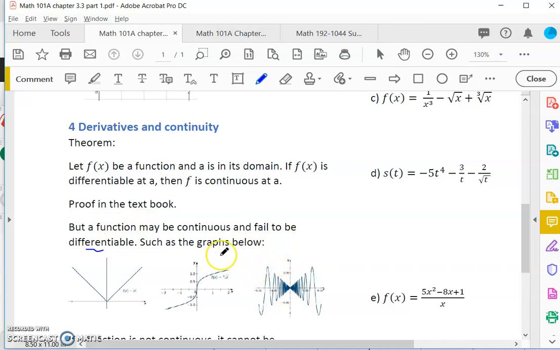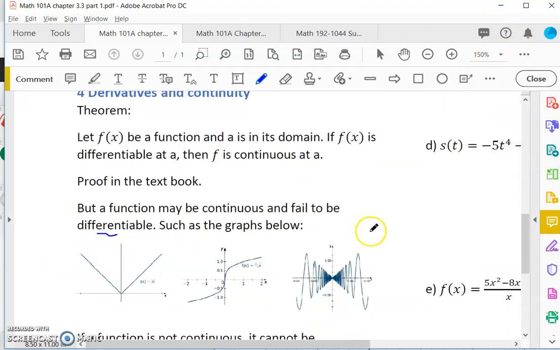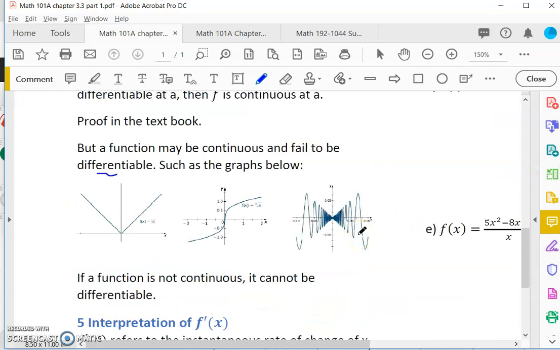It's kind of small. I can blow it up a little bit so you can see it a little better, and we can discover why this graph doesn't have a tangent line. So first is this one. On all these points, the tangent line is just the same as that point, right? The slope is -1.